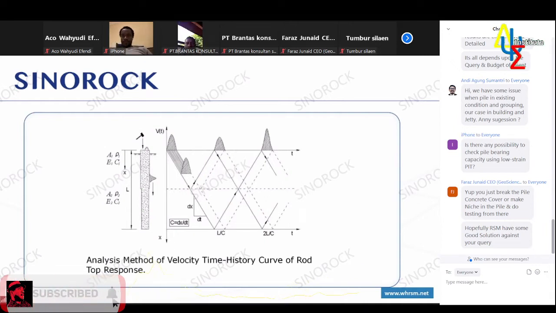When the stress wave reaches an interface, it will produce corresponding reflection and transmission. According to the reflected signal, we can roughly analyze the impedance change of the rod according to the velocity time history response curve.